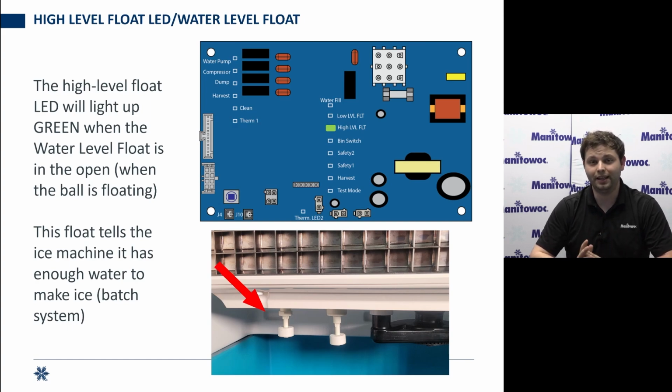Now this ice machine is a batch system, so that means it just goes on how much water is inside the trough to make that slab of ice. So if you want a thicker slab of ice, this is the float that you will adjust. You can make it go higher up to have more water, which will give you more ice, or you can make it go down to have a little less ice. Because remember, this Koolair and the NEO are batch systems. They don't sense ice on the evap, they just sense how much water has been used. Alright, those are our floats.